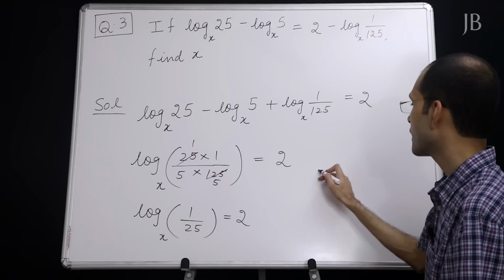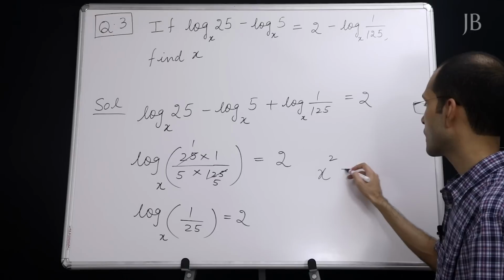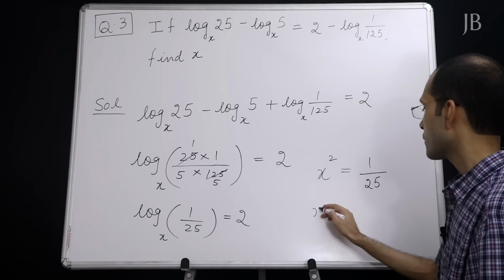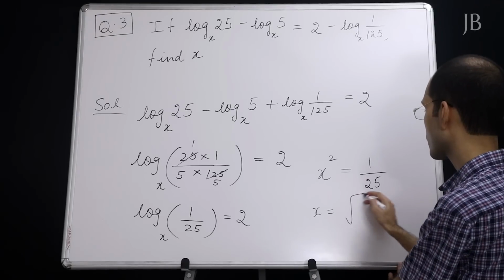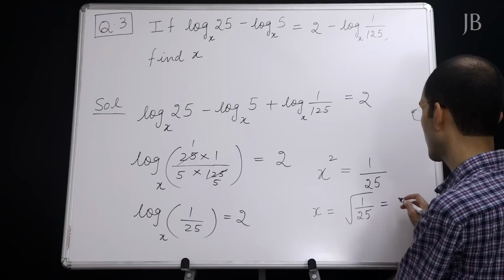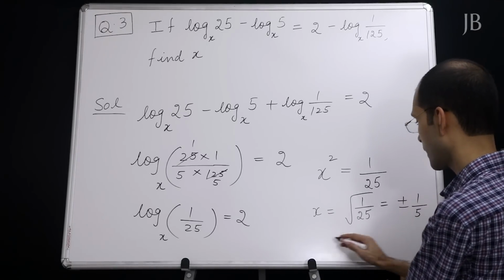So this will be x raised to 2, and x raised to 2 is 1 upon 25. So x will be the square root of 1 upon 25. So this will be plus or minus 1 upon 5, right?